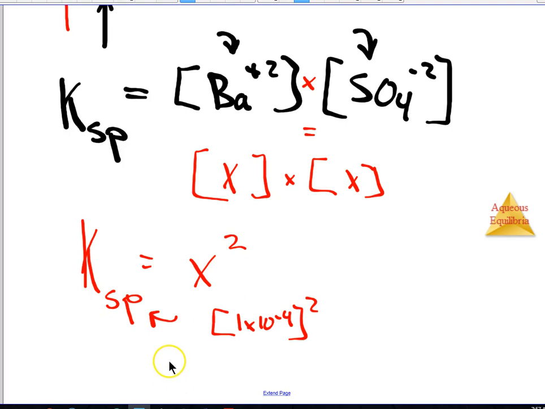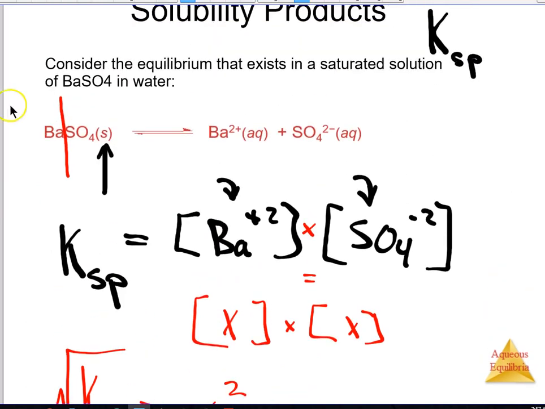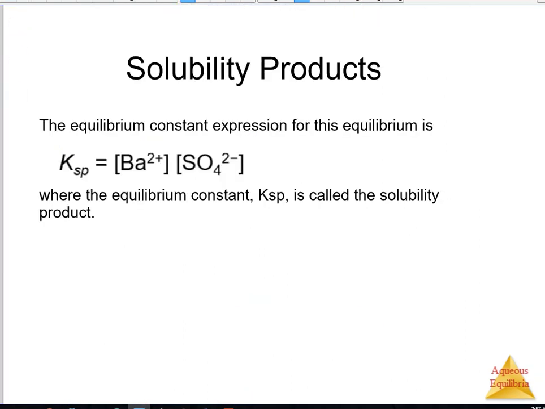Compared to what we've been doing. That's not too bad. All right? If I knew KSP, I could take the square root of that, and it would tell me the concentration. Okay? So now this is easy, and it only works if you have a 1-to-1 ratio, but we'll learn how to do the other ratios too, because they're not that bad.